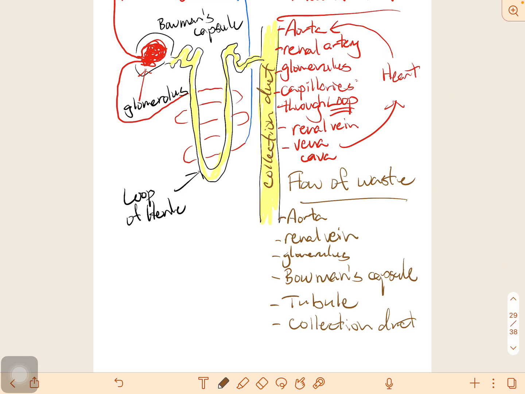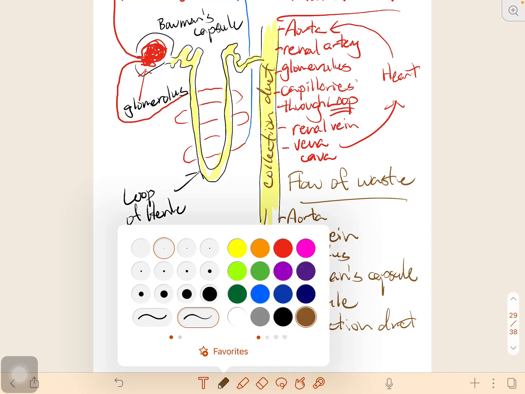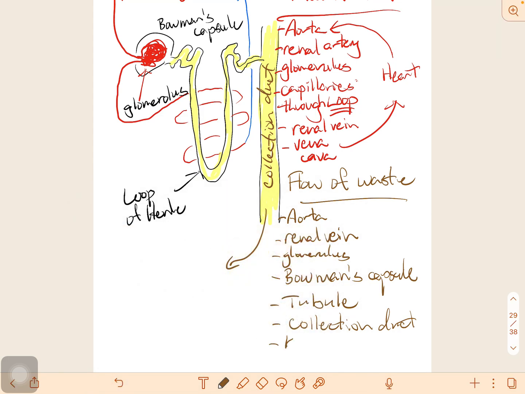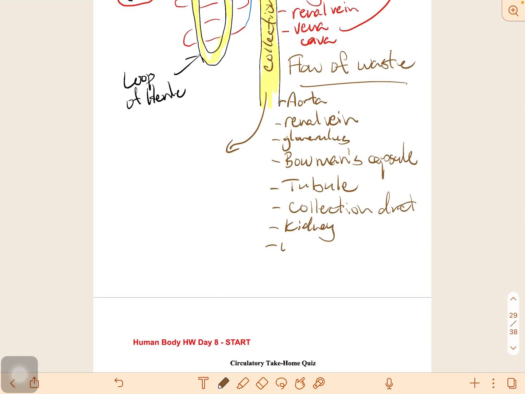All right, once it makes it out the collection duct, it goes back out through the kidney and then to the ureters. Remember, this is all happening in the kidney anyway, but it's got to come out of the kidney from the collection duct into the ureters, because we got two of them, right?